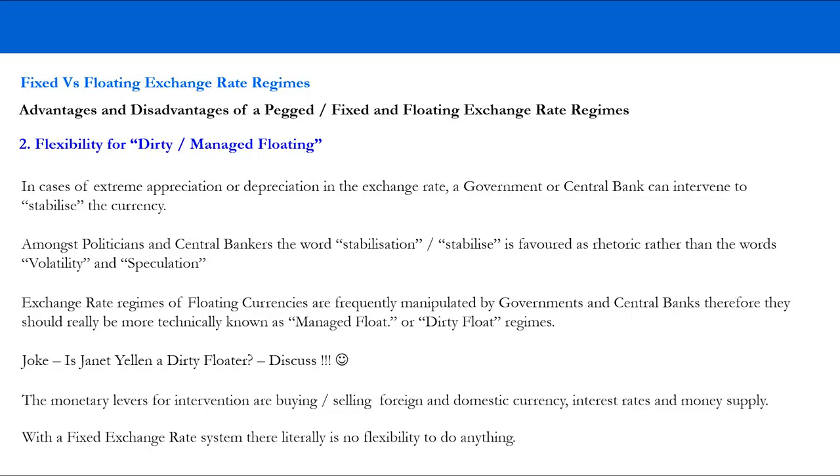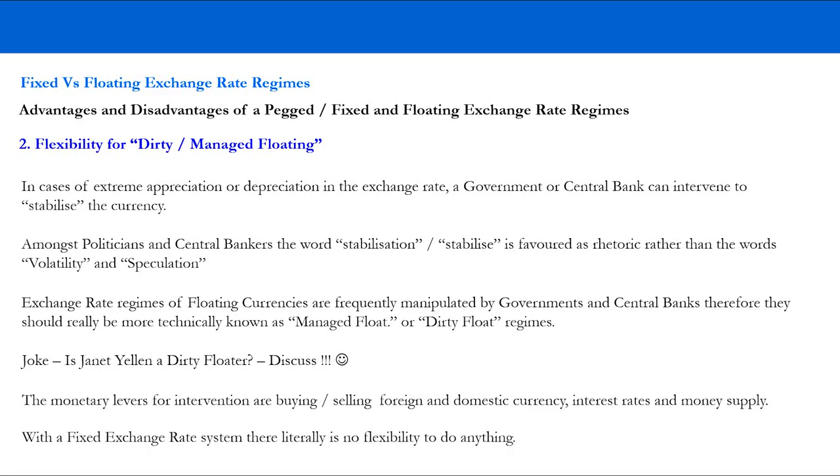Discuss, because the Federal Reserve in the United States frequently intervene to manipulate the value of the dollar upwards and downwards. The monetary levers for intervention are basically buying and selling foreign and domestic currency, and the classic monetary levers of interest rates and money supply.